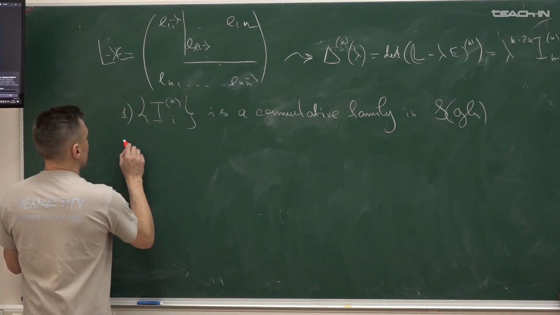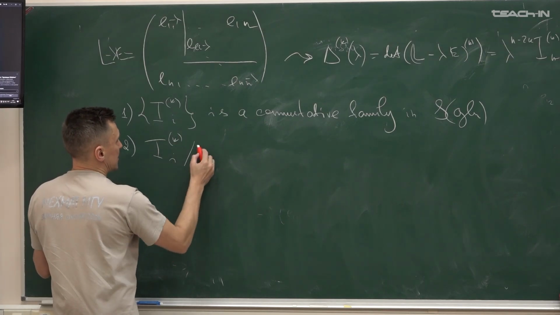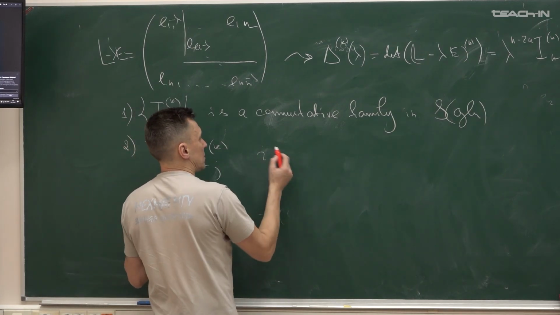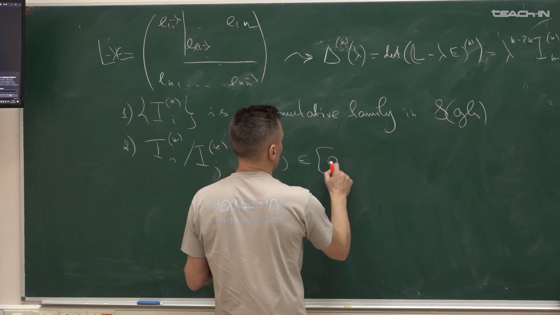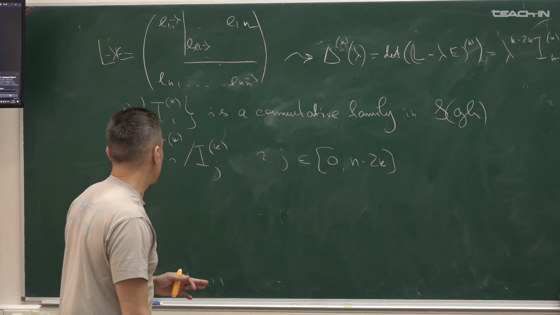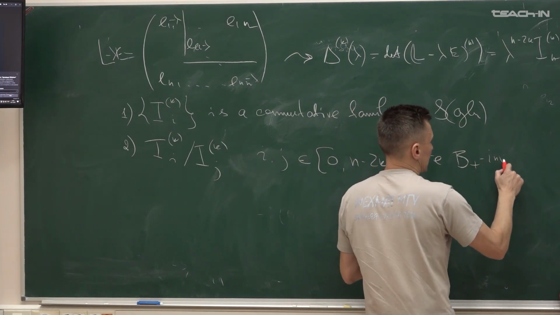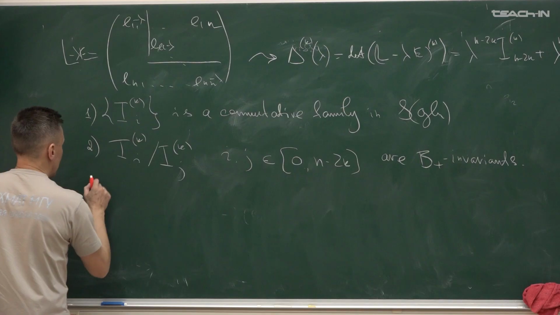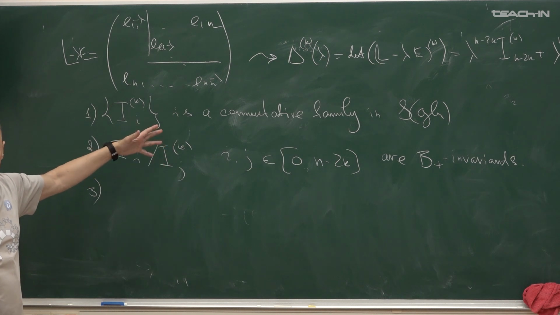And the second point was that the brackets of E_K^i and E_K^j, for all i and j from 1 to n minus 2k, are B-plus invariant. So these were the points why we can apply the Adler-Kostant-Symes scheme.